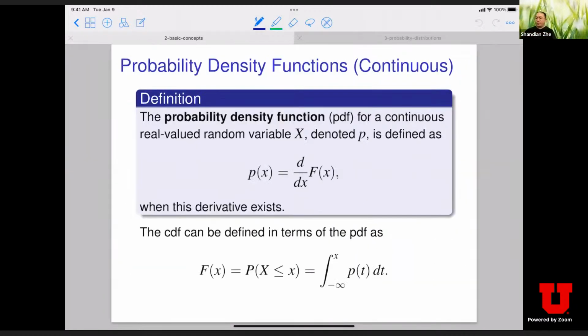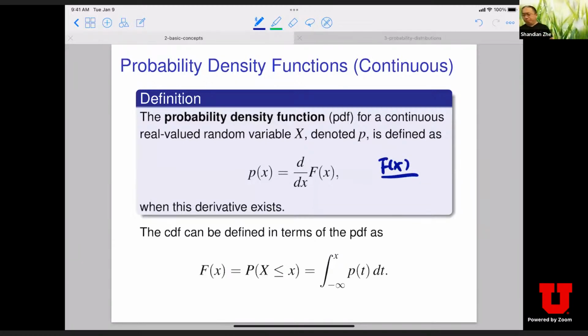So if your random variable x takes continuous, real values, we can naturally consider why not just take a derivative with respect to x? As we just mentioned, this function is right continuous, so we can still take the derivative, but you can view this as a right derivative.